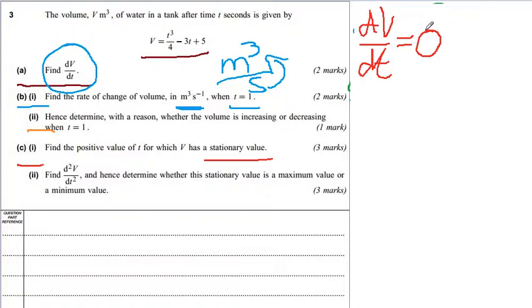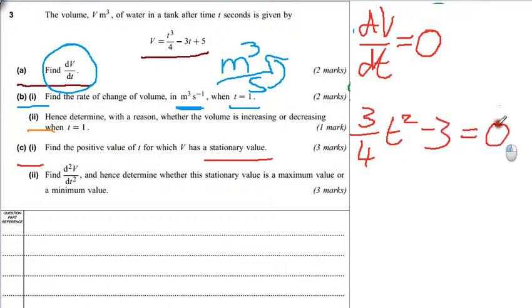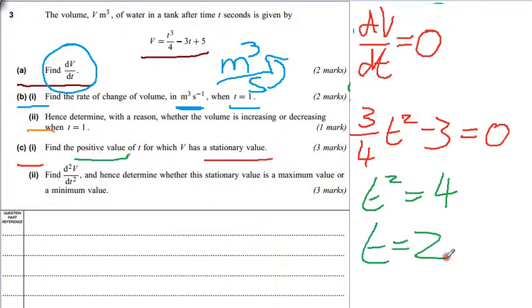It's 3/4 t squared minus 3 has got to be equal to 0. So you can add 3 to both sides, then divide by 3/4 to get t squared is equal to 4. Then you've got two options: t equals minus 2, because the root of 4 is 2, or plus 2. And because it asks for a positive value, t equals 2. And that's that. That's 3 marks.